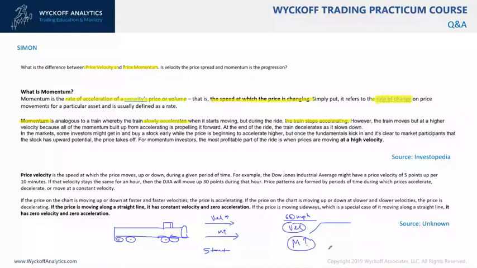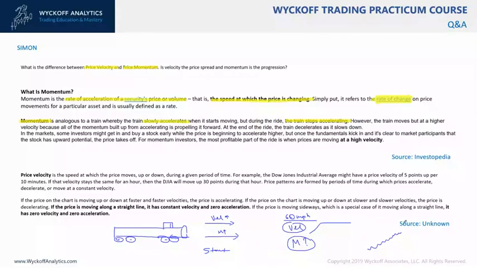Well, momentum at that point had to increase to get to that speed, and then it may stay constant at that higher level. I would say definitely it should increase first, right? Because we are pushing the train and momentum starts to accelerate to get us to the velocity of 60 miles per hour. On the chart we're going to see it like this, right?